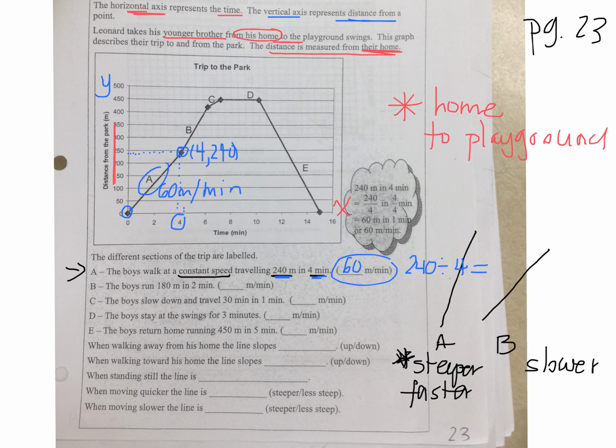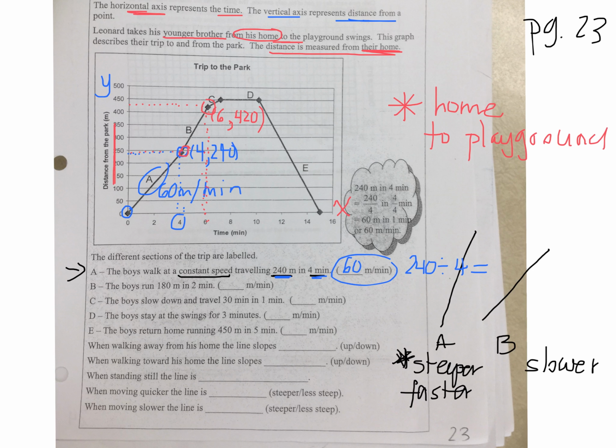Okay, let's look at section B. From B to C, we know that B is at 240 meters. Where does he stop? What is the coordinate of C? After 6 minutes, they're 420 meters away from their house.